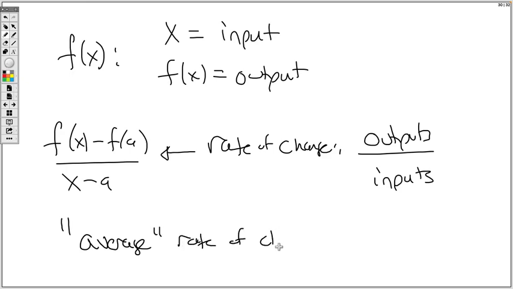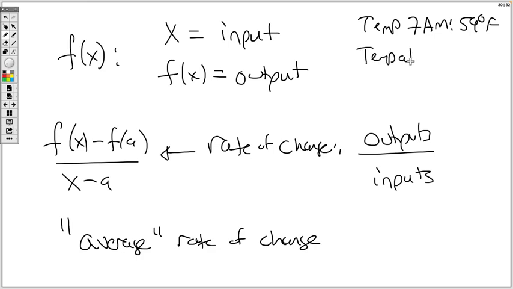Okay? So for example, the temperature at 7 in the morning was 59 degrees Fahrenheit. And let's say the temp at 9 o'clock is 64 degrees. Then you could calculate the average rate of change of the temperature. If you took the change in temperature over the change in time, that would be what?